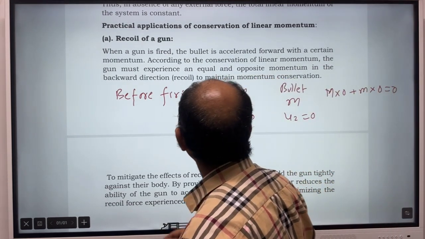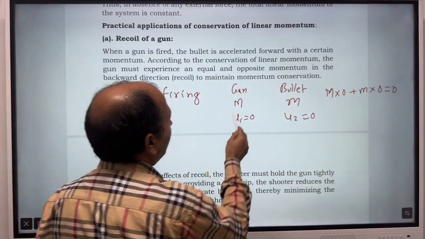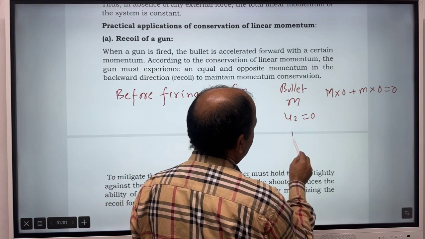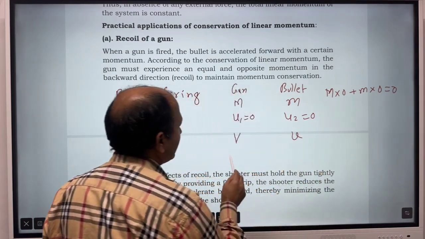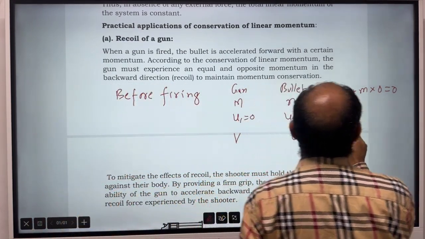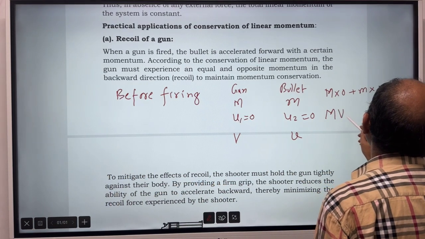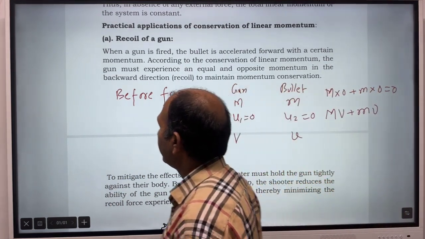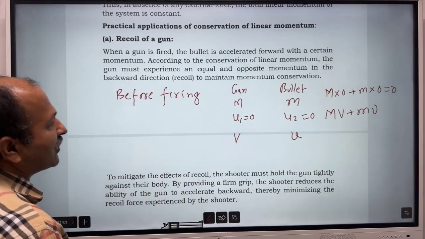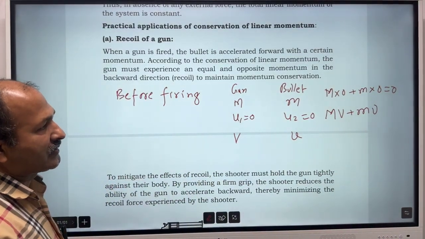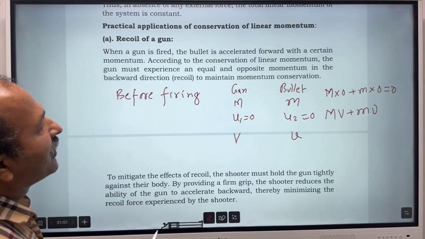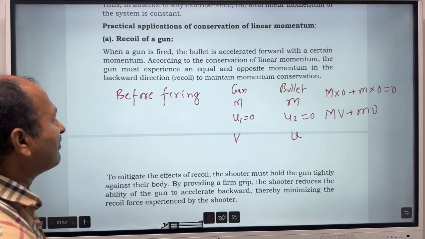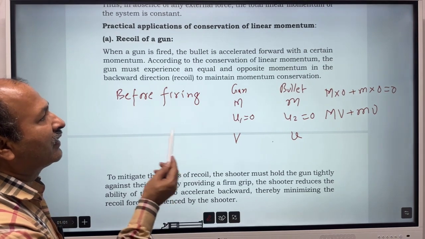After firing, what happens? Suppose after firing, gun has velocity capital V and the bullet has velocity small v. Then momentum after firing will be MV plus mv. But according to momentum conservation principle, in absence of any external force, total momentum must remain constant. It means momentum before firing must be equal to momentum after firing.